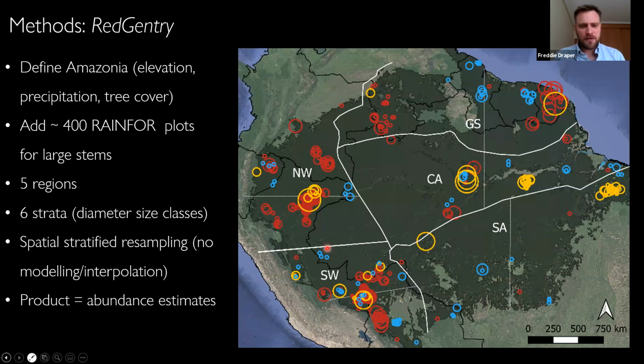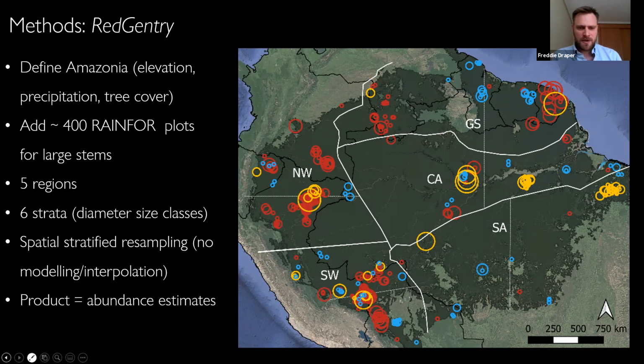So we divided it up into these sampling units, these regions, and then split them in half, these dashed lines, and then sampled an equal number of plots to try and use all the data that we had, but not bias it towards particular regions. The product of this work is that we have abundance estimates for every species in our data set that we think is a fair representation of what their abundance is across the whole basin.